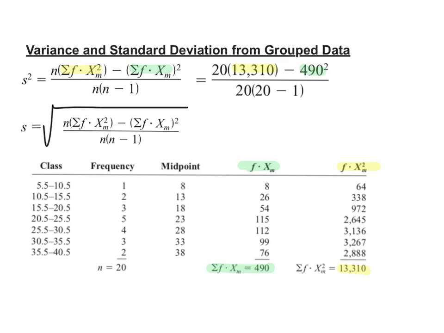So notice here, n, there's 20 numbers, so I have to total these up. So that's what my n is. Anywhere that there's an n, I put a 20. The sum of the frequency times the square of the midpoints goes in here. The sum of the frequency times the midpoint goes in here, and it gets squared. That's why the squared's on the outside.